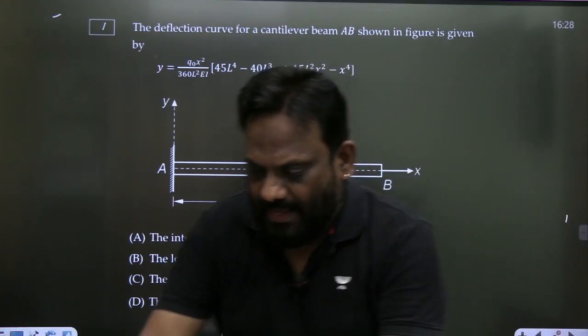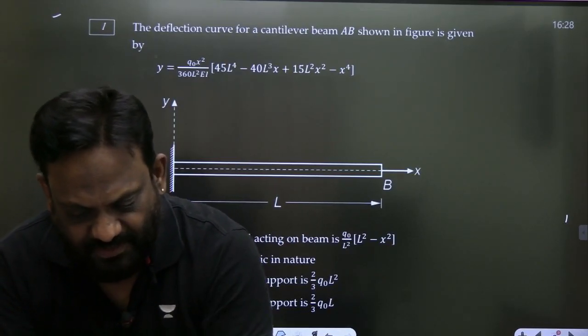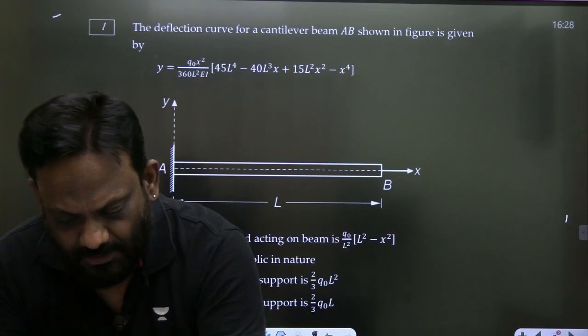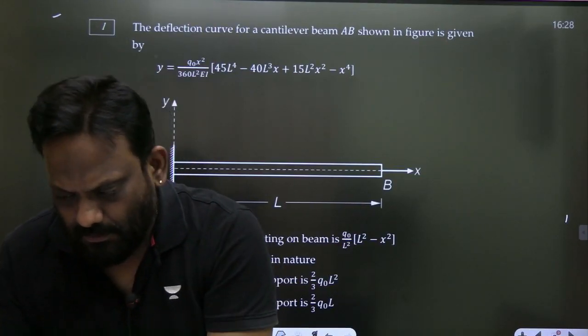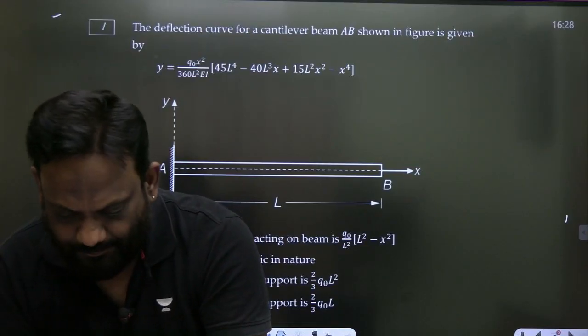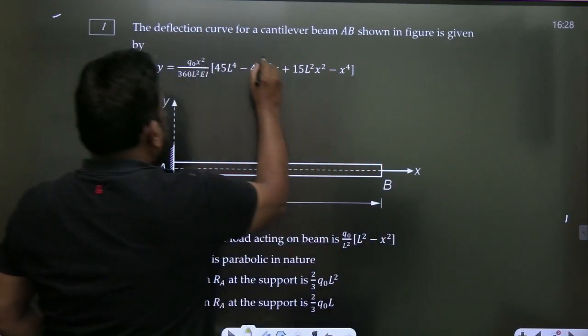So let us take the deflection equation he has given. I'll go through it. Chalo. The deflection equation is given by, I'm writing this equation, sir.